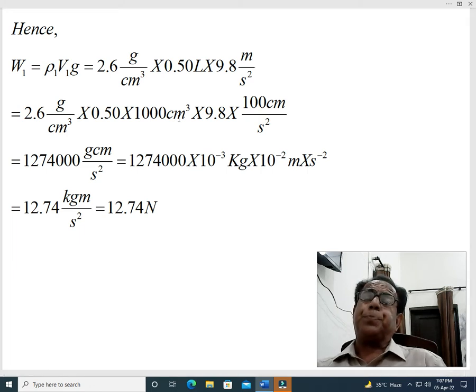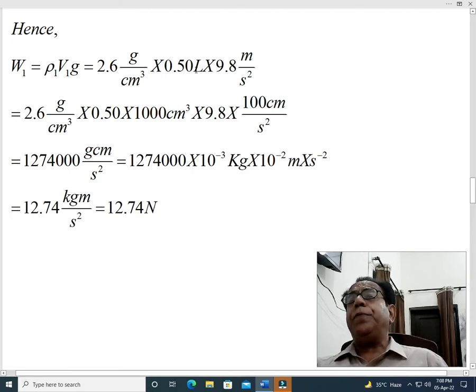However, in order to remove any confusion, it is explained that in place of L, that is liter, 1 liter is equal to 1000 cubic centimeter, it is given in the statement, okay?